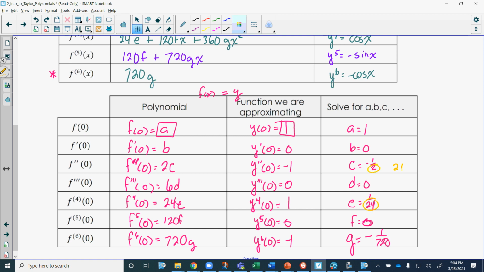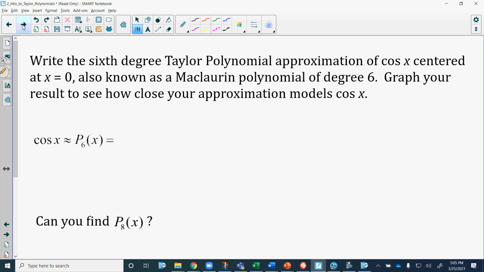We can look at this, so 3 factorial, was just nothing. So this would be 4 factorial, and this would be, so 5 factorial gave me a 0. This would be 6 factorial in the denominator. And that's another way that Taylor polynomials are going to be kind of represented in textbooks or in math websites, things like that.